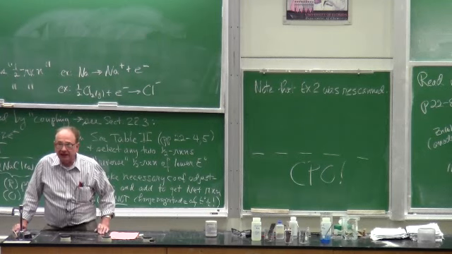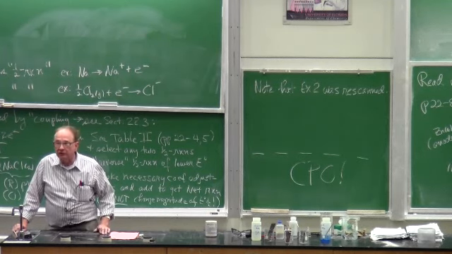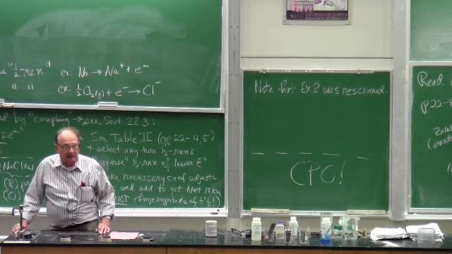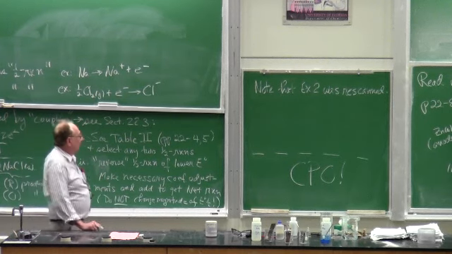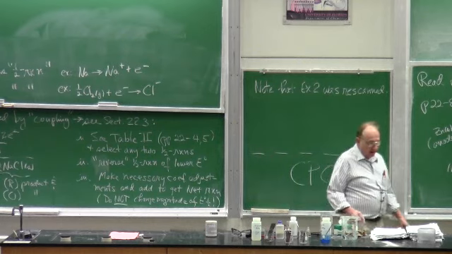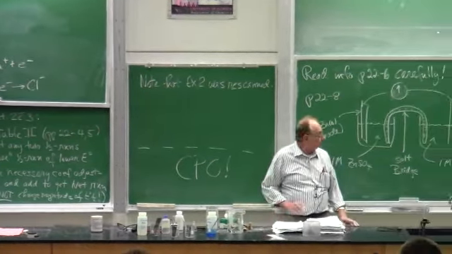E0 means tendency to happen. Electrochemical potential. What's the potential for this to take place? If it's positive, it's thermodynamically spontaneous.